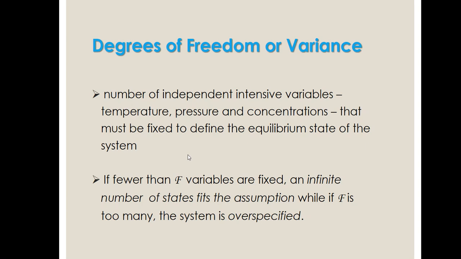What will happen if there are fewer than the F variables that were given in the problem? So if fewer than F variables are fixed, an infinite number of states fits the assumption. So meaning, it's impossible to compute or to calculate what the problem requires. While if the data is higher than the computed F, the system is said to be over-specified.